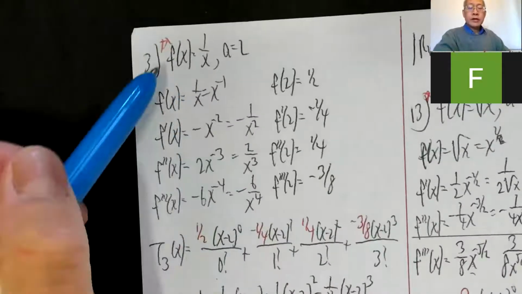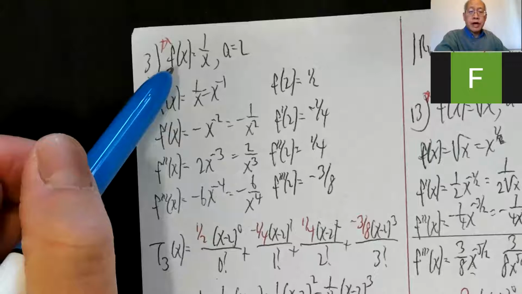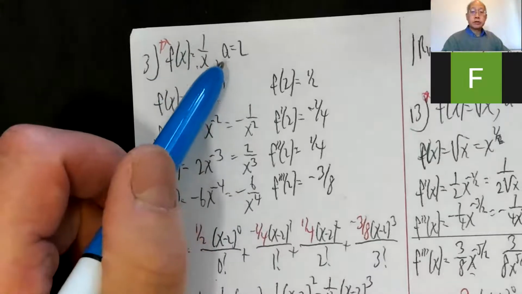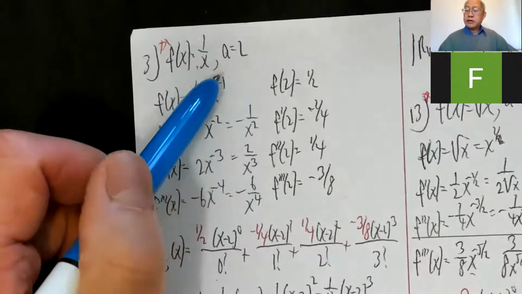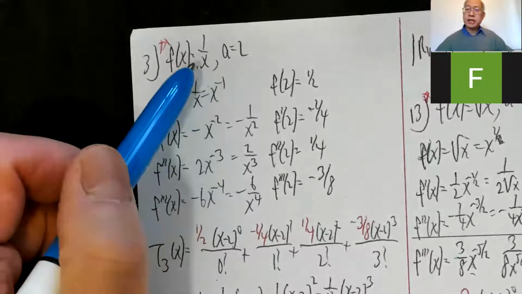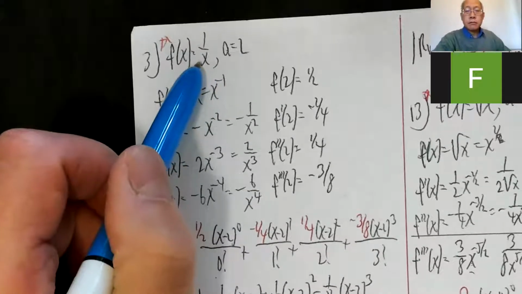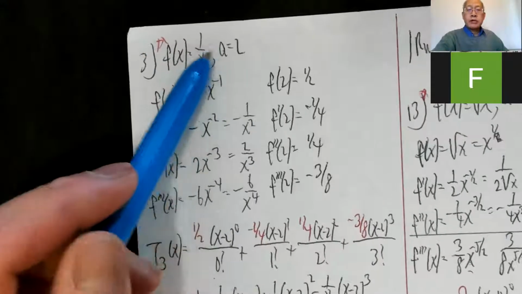All right, so find the third Taylor polynomial, which approximates 1 over x, centered at a equals 2. And by the way, here's another reason why you can't just say, let me always center at a equals 0. You're not allowed to plug in 0. Now here's the way it always works.